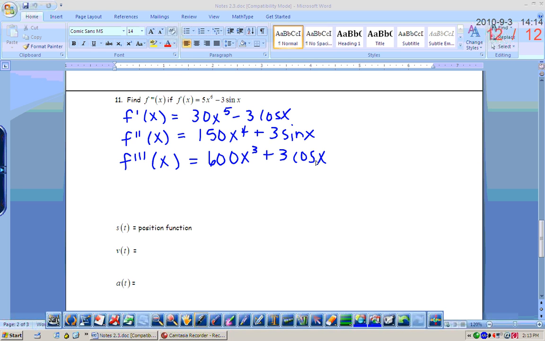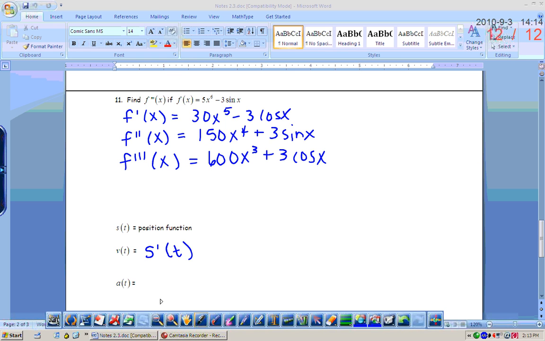So multiple derivatives bring up more physics. Yay. S of t we learned yesterday was the position function. To review from yesterday, what the velocity function is, what relationship to position? The derivative. So s prime of t. V of t and s prime of t are the same thing.